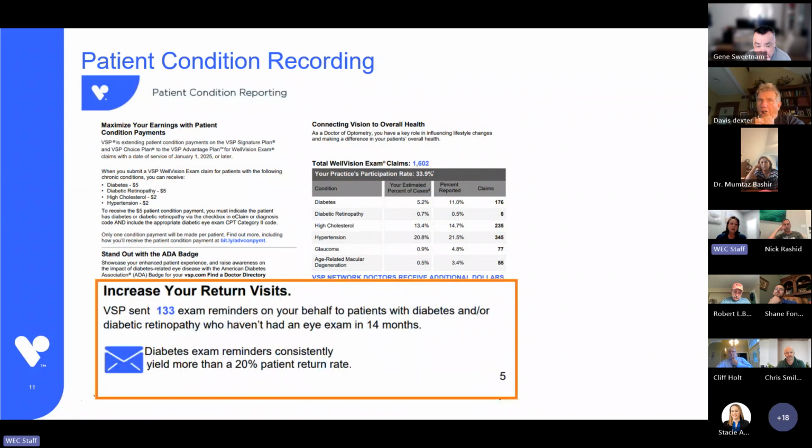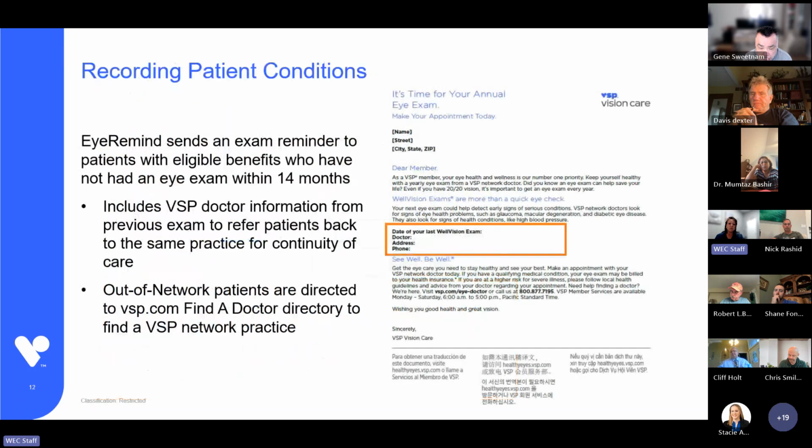What's really important is that if you flag your patient as diabetic, VSP can keep up with it. If it's been more than 14 months since that patient had an authorization activated, they will send a recall on your behalf to that diabetic patient. They know how important it is to get those in, and it will list the date of the last exam, the last doctor they went to, their address and phone number.